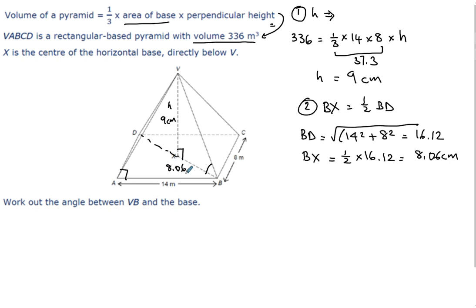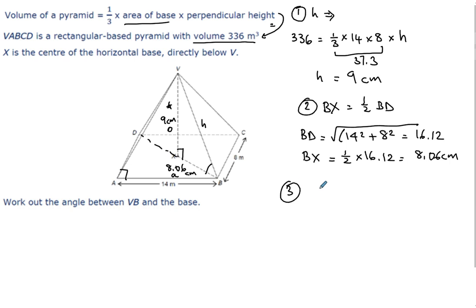Okay, now we've got our right angle triangle there. That's our H. Okay, that's our hypotenuse. That's the angle, so that's the opposite, and that's the adjacent. So in terms of trigonometry, we've got our O, we've got our A, so it's tan, yeah?